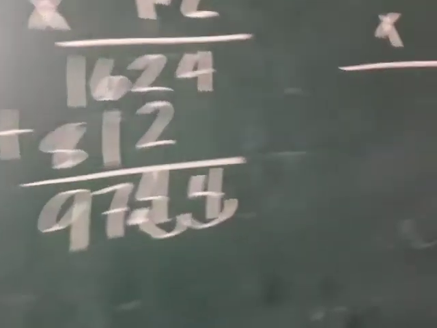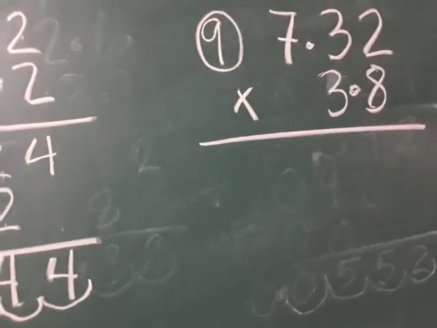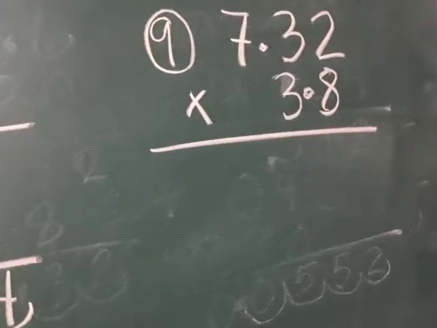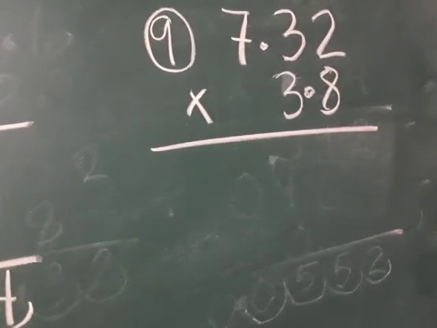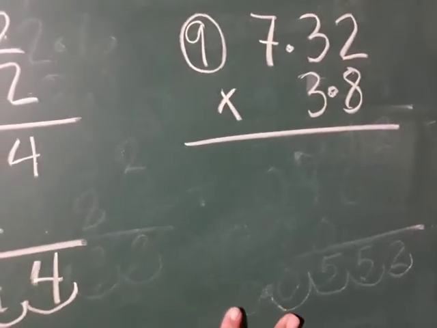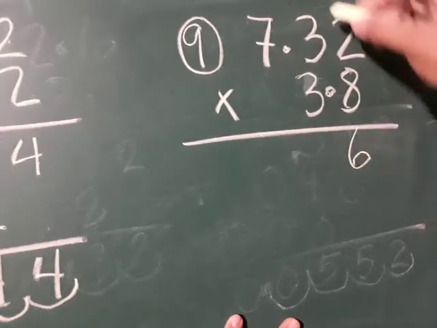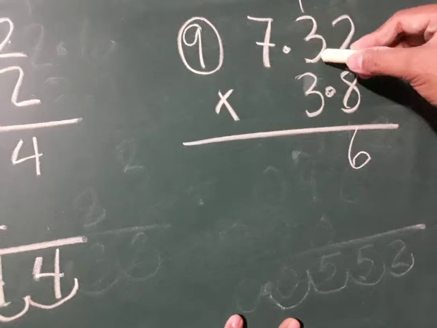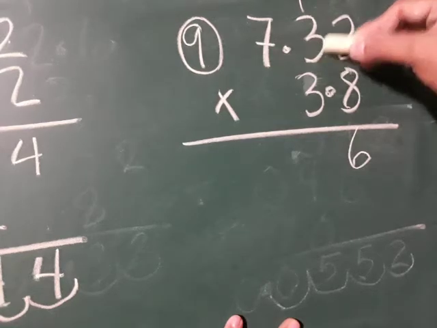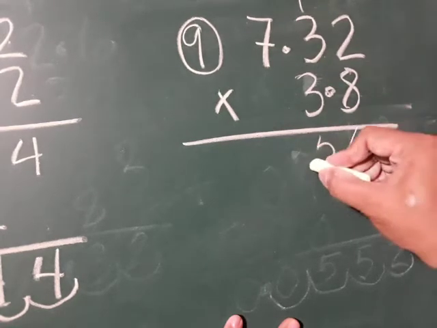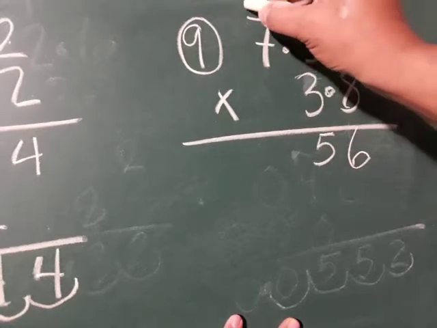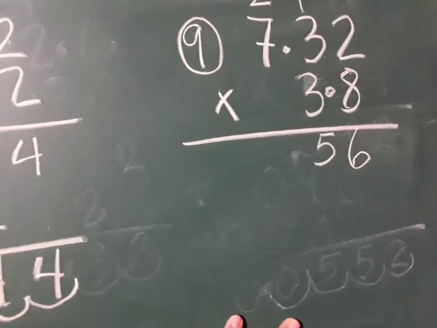Next, number 9. Another example. So we have here 8 times 2, 16. Carry 1. 8 times 3 is 24. Plus 1 is 25. Carry 2.